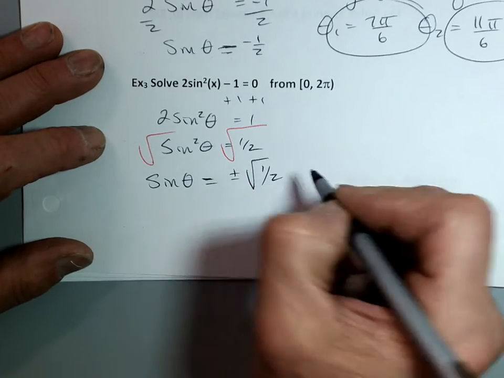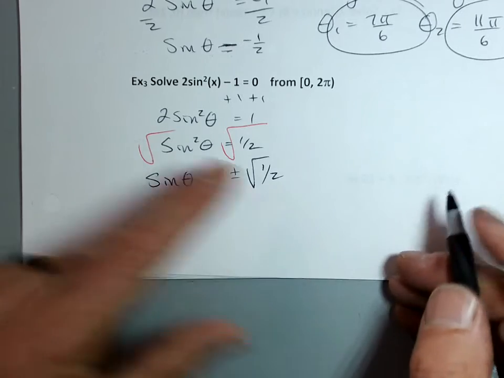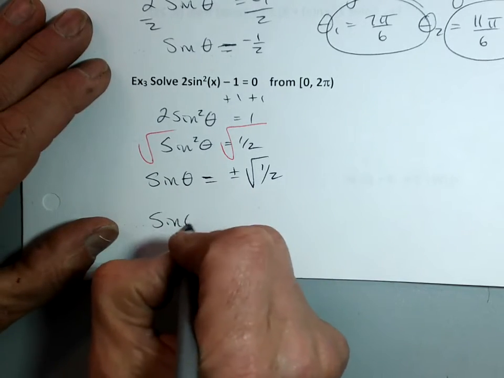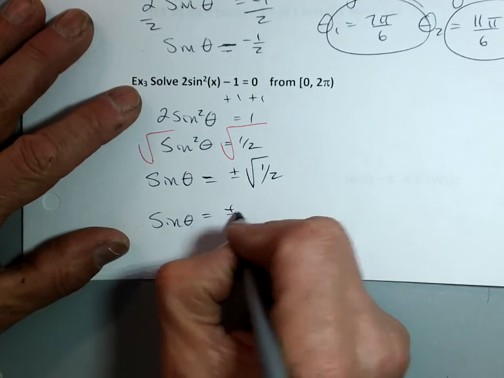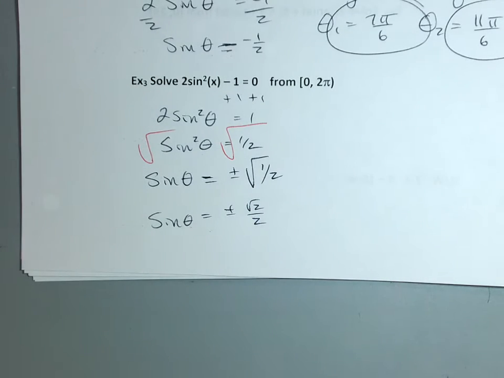Now, if I want the unit circle, square root of 1/2 is on there, but in a different form. It's the same thing as plus or minus the square root of 2 over 2. And I can show that quickly so you see it.